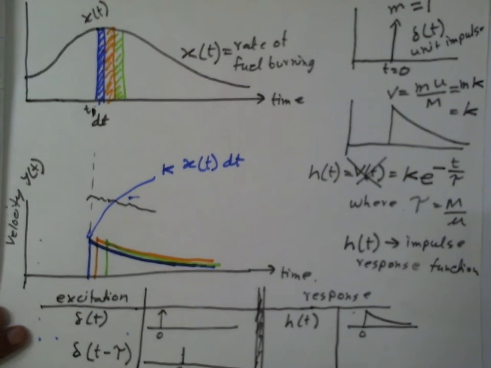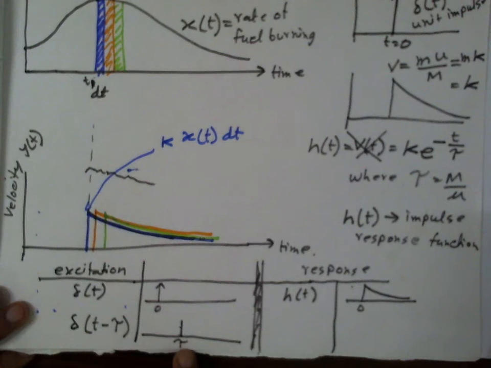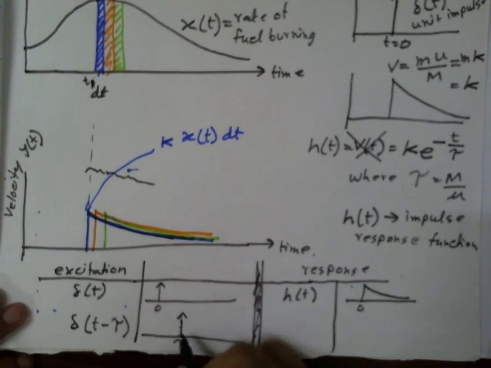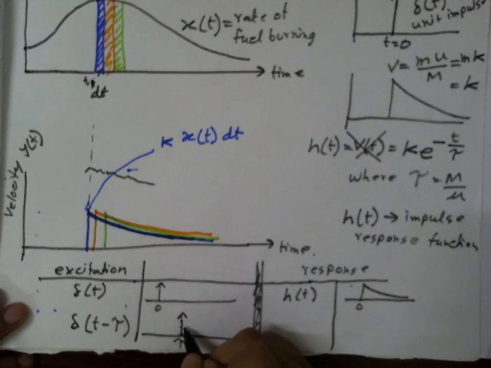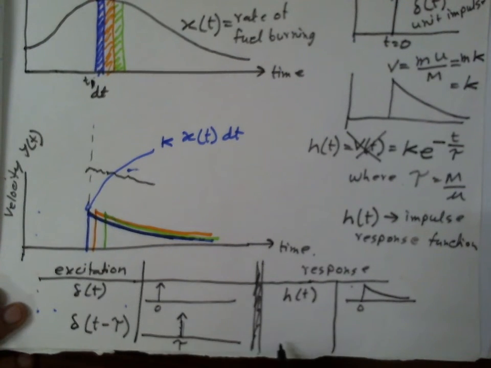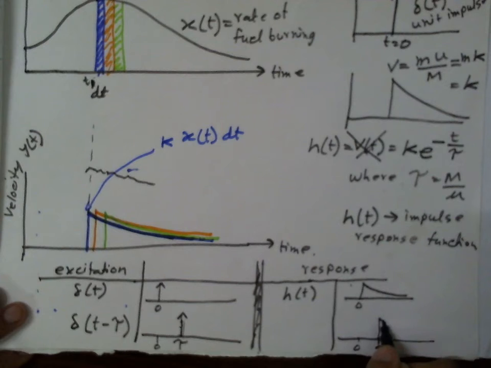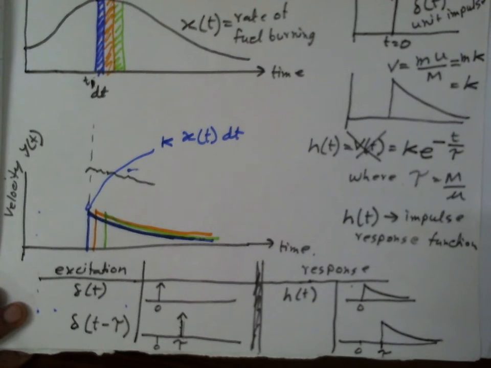So this is the point tau. So I wait until t equals tau and then I burn 1 kg of fuel here. Then the response will also be delayed. So it won't start from 0. Instead it will start from the point tau, and here is how the velocity should look.